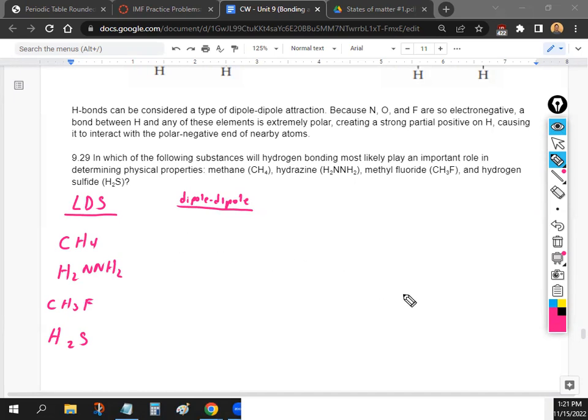Yes, it does. And the reason why, and this one's kind of tricky, is because if we draw it, this is what hydrazine looks like. It is going to look something like this. And there are lone pairs on the nitrogen. And so you will have a dipole towards the side that has the lone pair electrons.